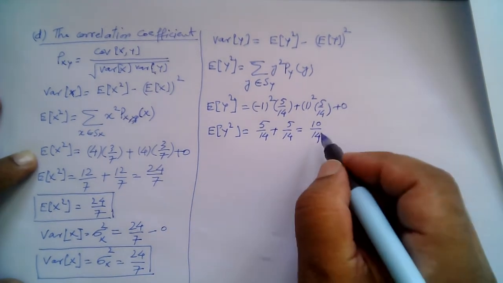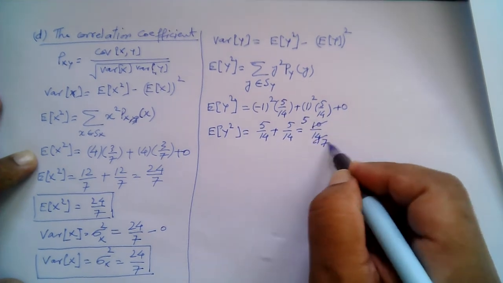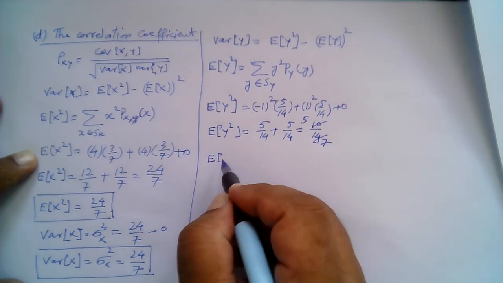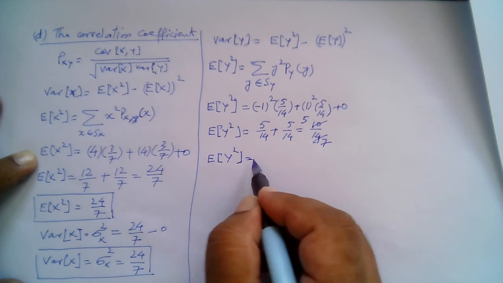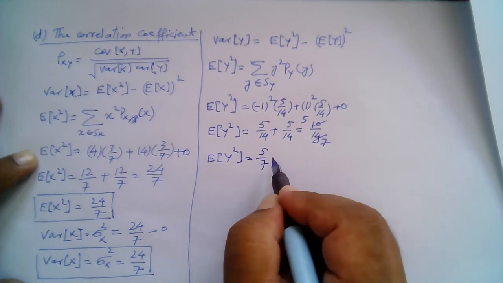So this should be 5 over 7. So the expected value of y squared is 5 over 7.